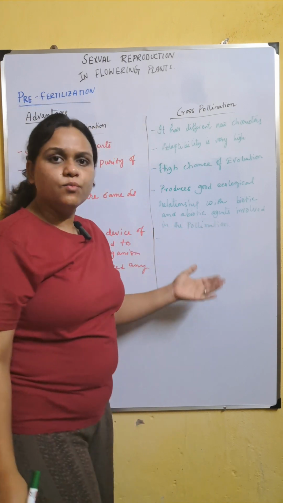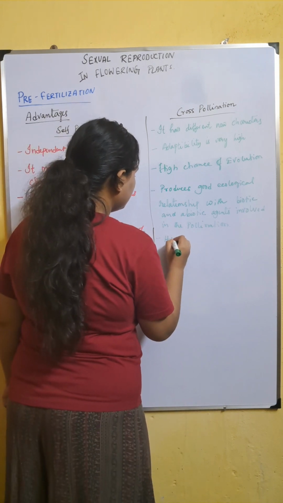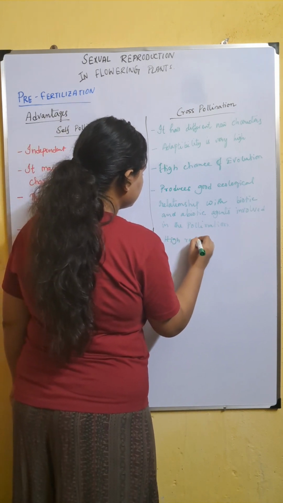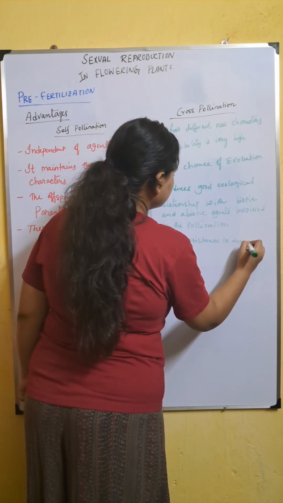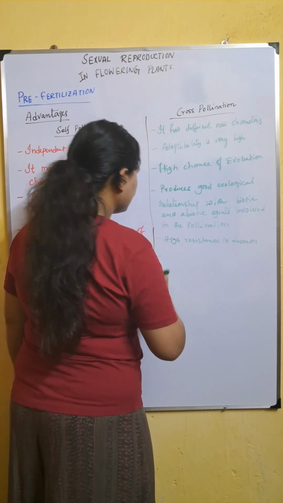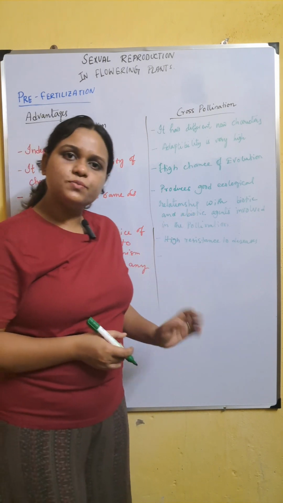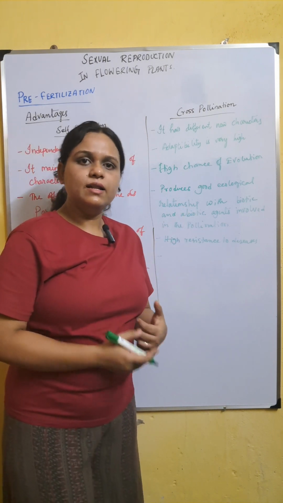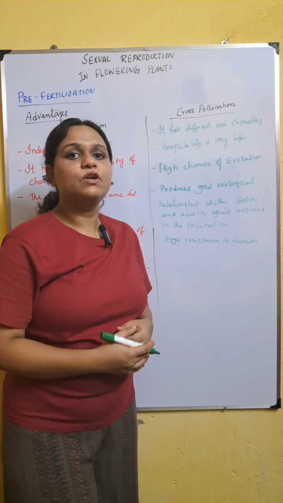They are more resistant to diseases. High resistance to diseases. The yield, in case of a crop plant, if cross pollination occurs, the yield is always high or moderate, but never low.